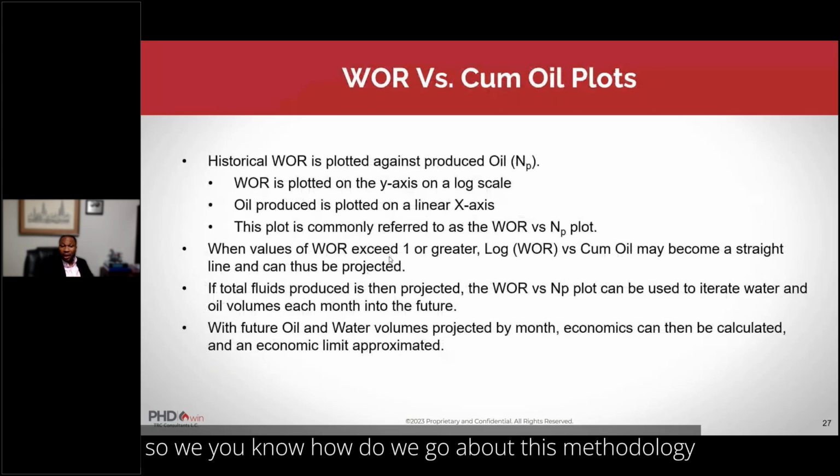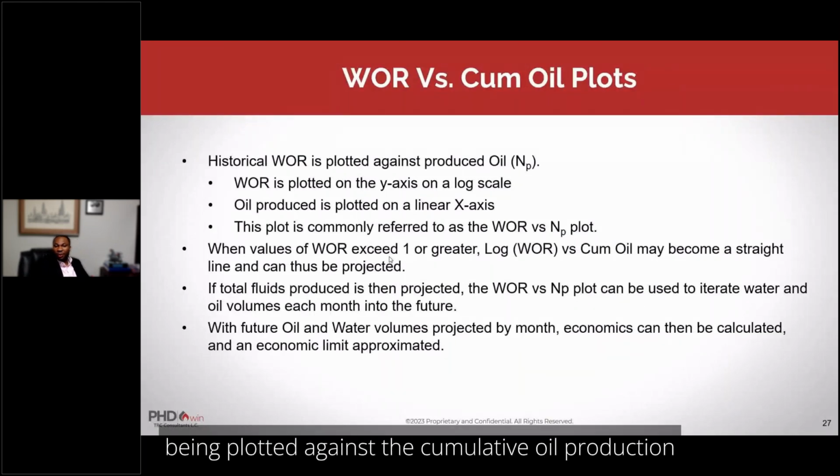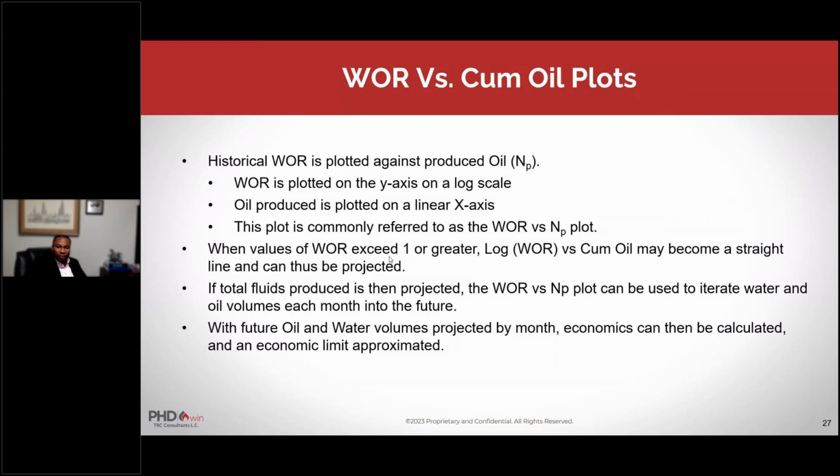So how do we go about this methodology? We plot historical water-oil ratio against cumulative oil production, with water-oil ratio on the y-axis on a log scale, and oil produced on a linear x-axis.